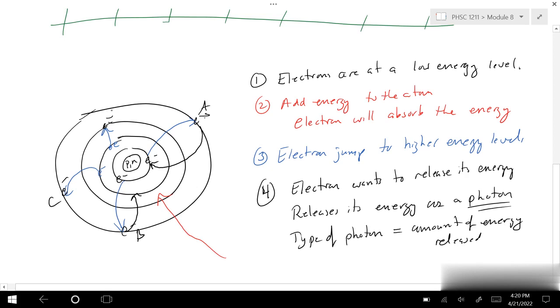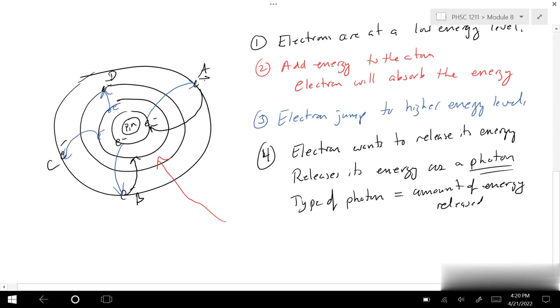We'll call this A, this B, this C, and this D. I want to specifically look at A and B. So electron A jumps downward, not a great word, but to a lower energy level.